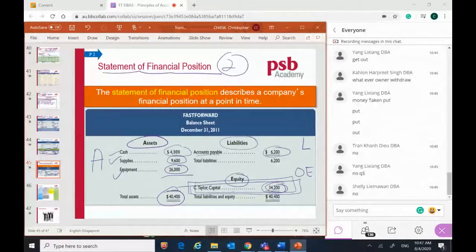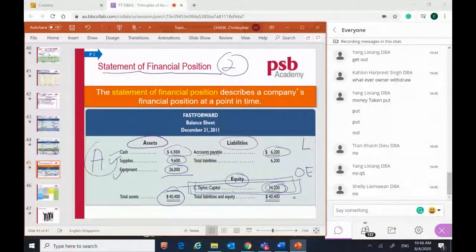Now, at the end of it, when you prepare your financial reports, your financial statement, if you have done everything correctly, your financial statement must balance. Now, what do we mean to say that it must balance?